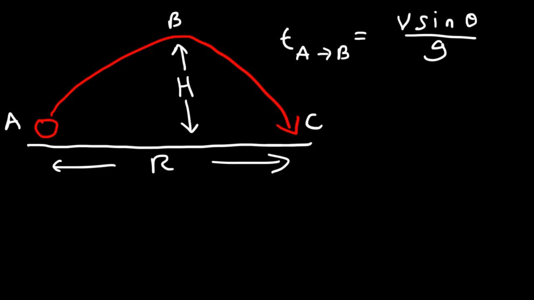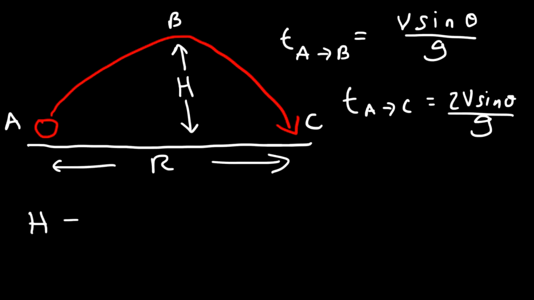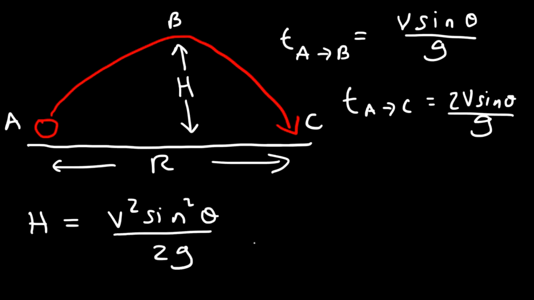In another video, I show you how you can derive these equations. Now, the time it takes to go from, let's say, A to C is simply twice the value from A to B due to the symmetry of the graph. So you get this equation. Now, the maximum height is equal to V squared sine squared theta divided by 2g. The range is equal to V squared sine 2 theta divided by g.